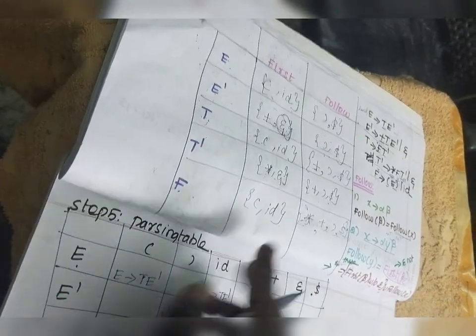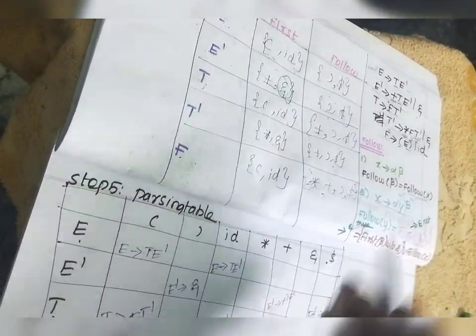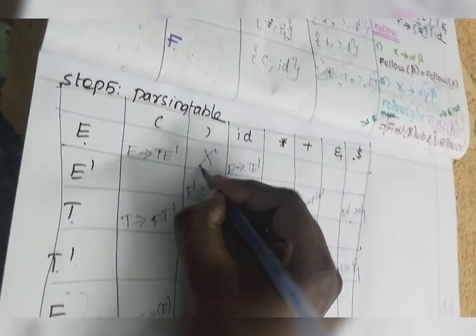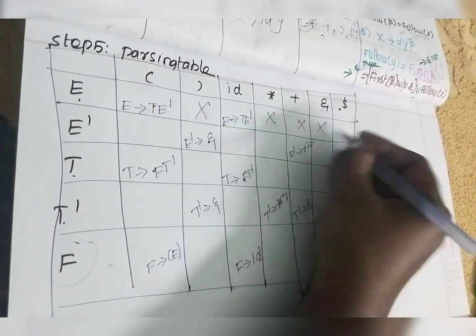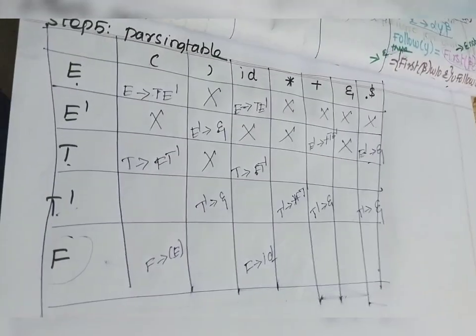So this is what we have calculated. When you are filling the table, you check the first position. If epsilon is there, you additionally check the follow position. Remaining will come there. If it is not having any values, you have to cut it because there is no production in that. You have to cut the remaining ones.